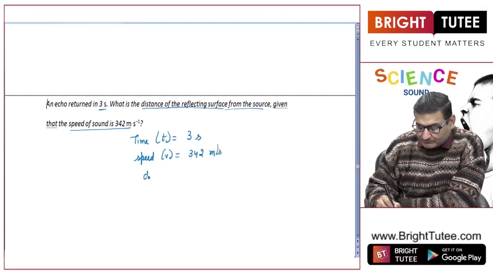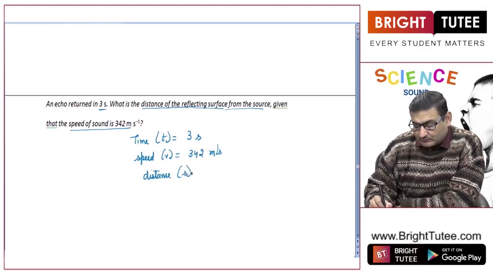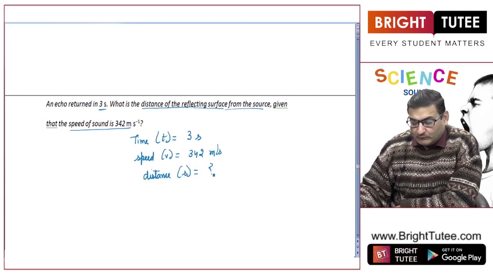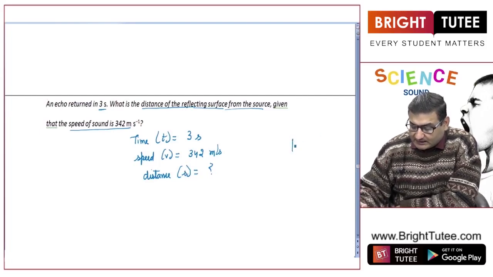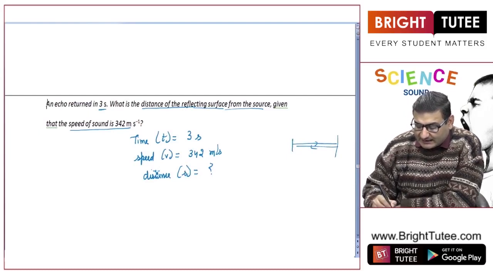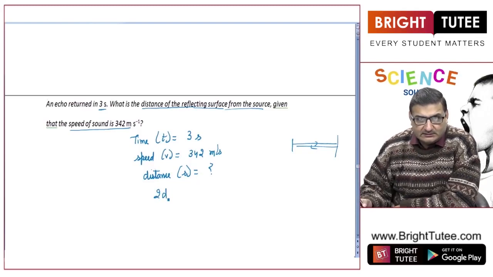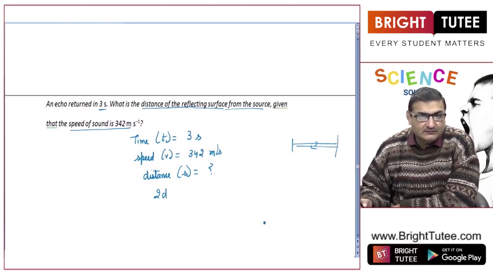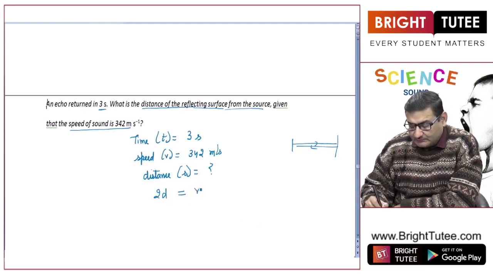Again, we have to calculate the distance travelled by the sound, that is s. Now, we know that the distance is one way and the way back. So, I can take this is basically 2d, twice the distance that actually the sound wave is covering, that is equal to the product of v and t.